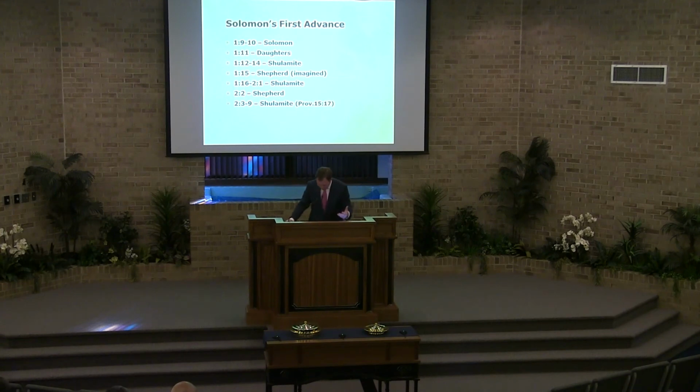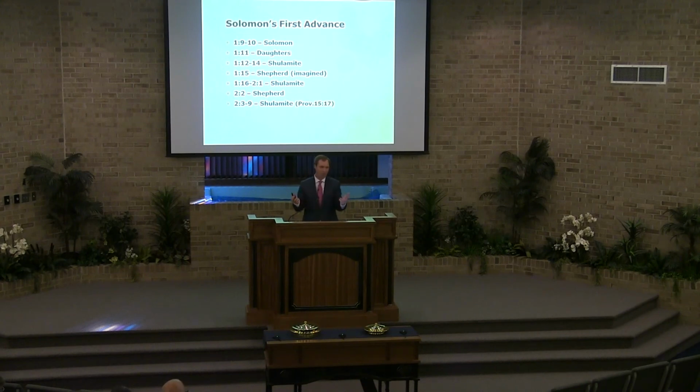A banner of love would be a physical expression of, a visible expression of his feelings for her. And I think there's an application that we can make as husbands there. Husbands, our wives need visible expressions of our love.